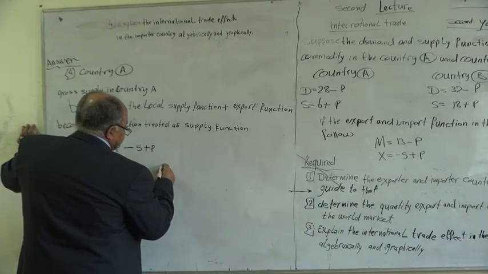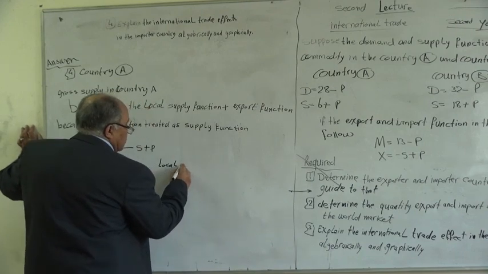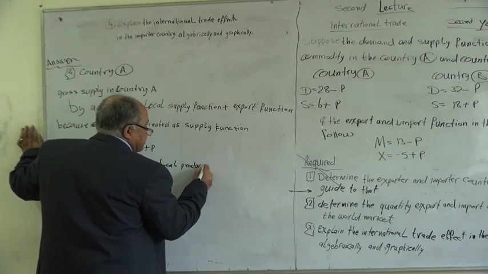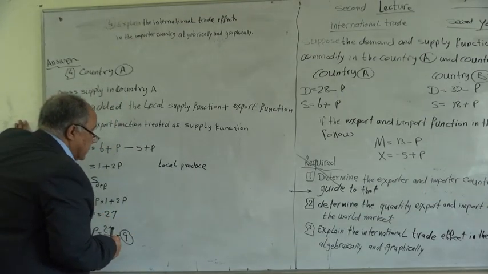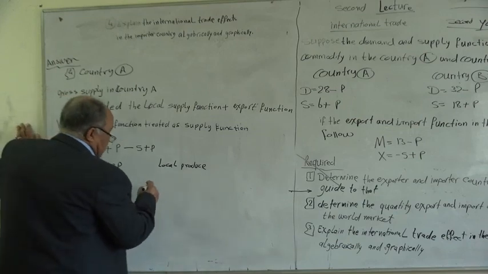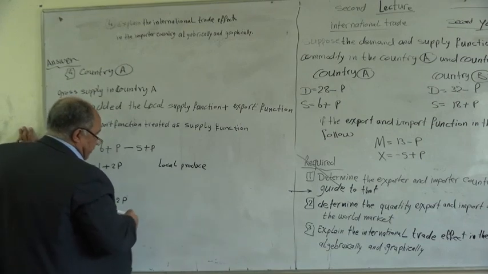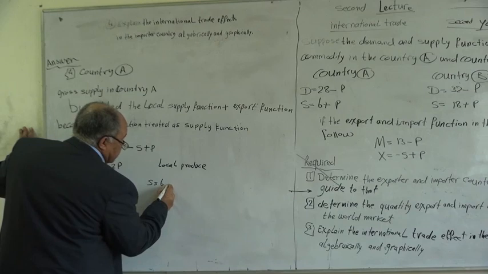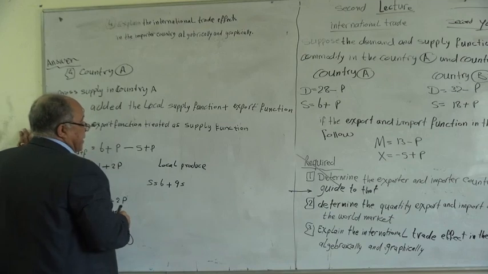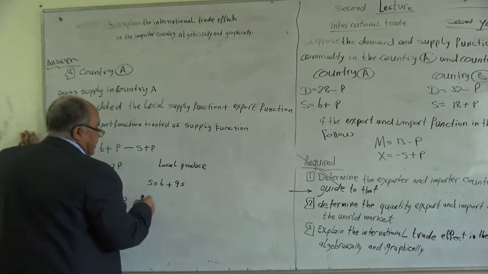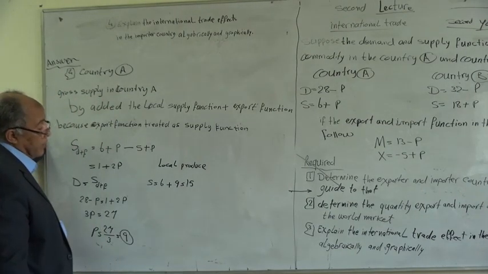The effect on local production, by substituting in local supply, 6 plus 9, the local production equals 15, but before trade it equals 17.